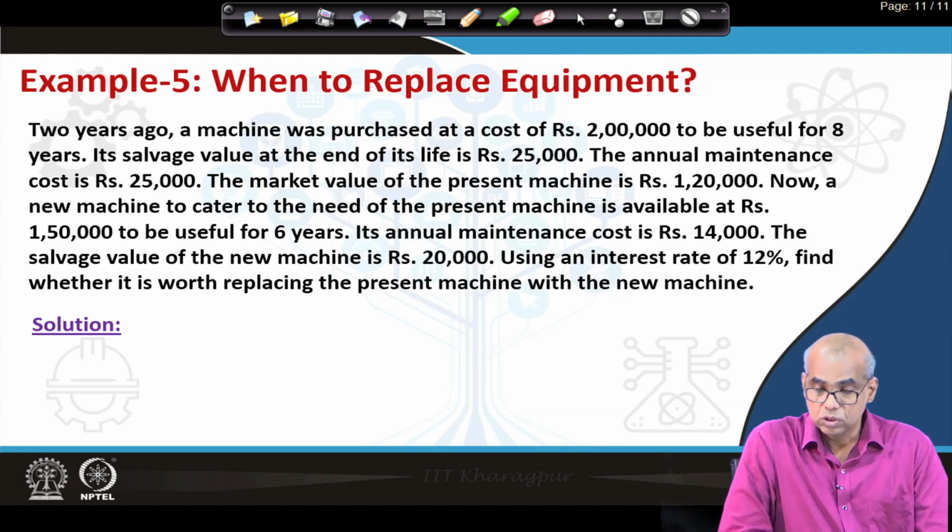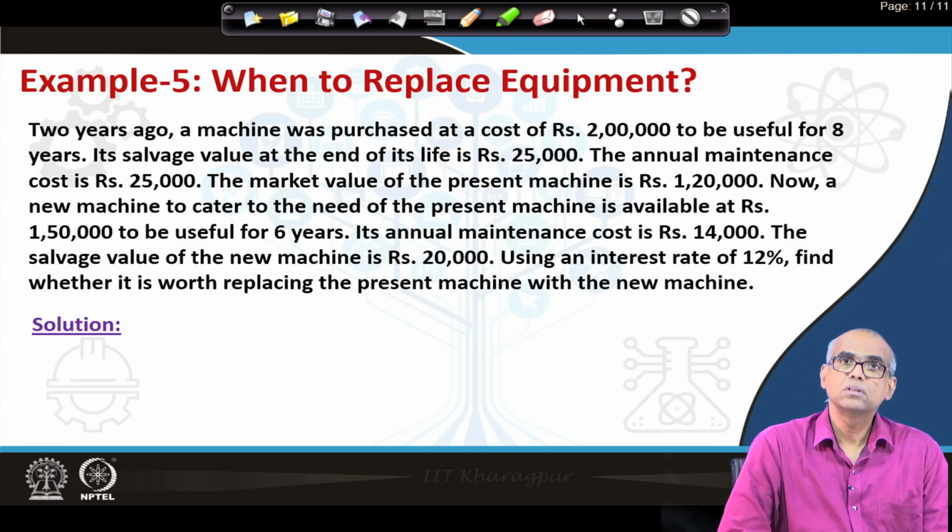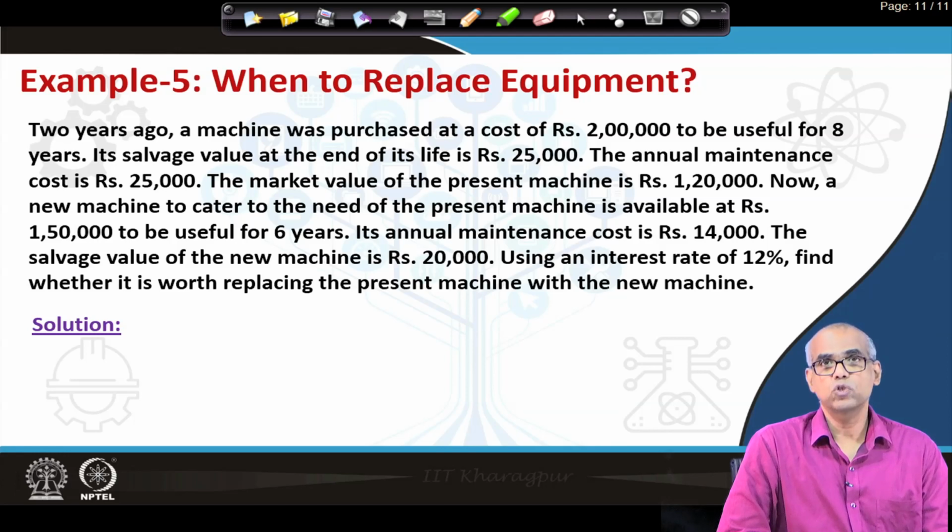Now, to solve this problem, we will find out the equivalent uniform annual cost for both the machines, and depending on the magnitude of equivalent uniform annual cost, we will be able to decide whether the existing machine can continue or it has to be replaced by the proposed new machine.